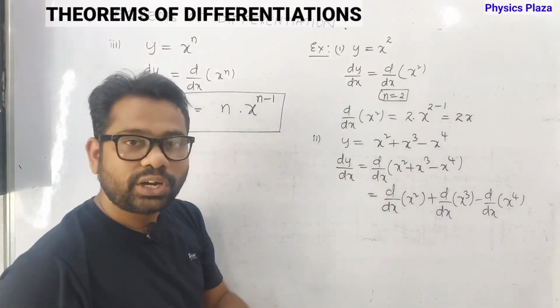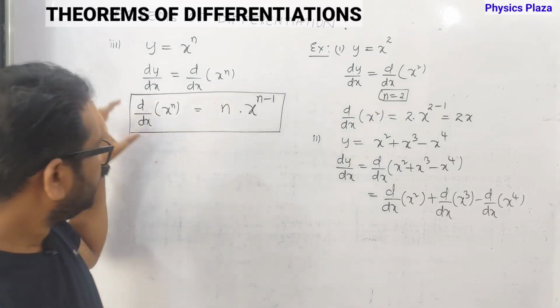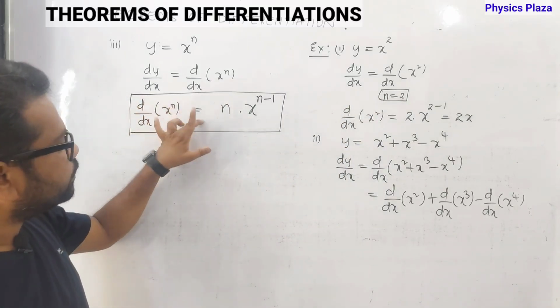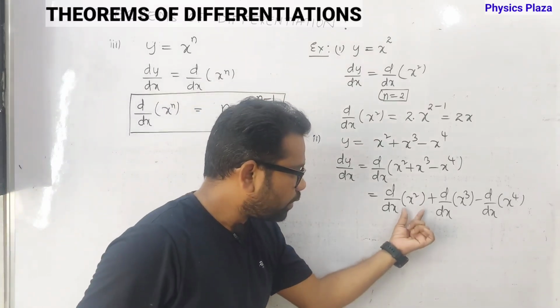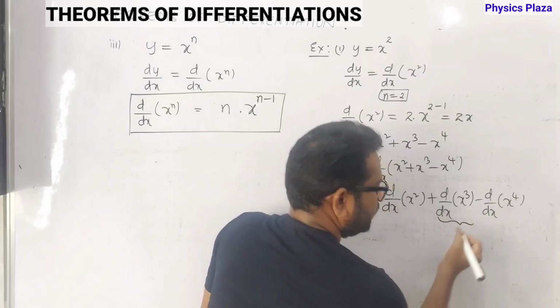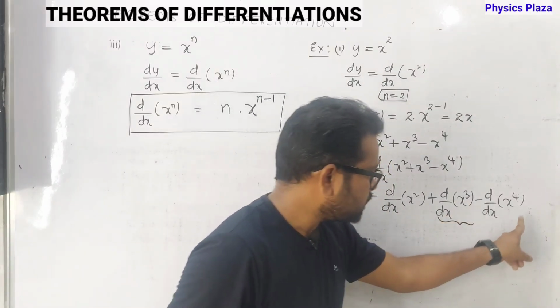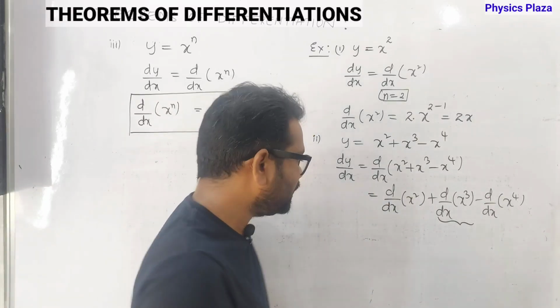Now what we have to do, children? Again, let us go back to the same formula. That is, d by dx of x power n is equal to n into x power n minus 1. So in the place of n, 2 is there. But in this function, in the place of n, 3 is there. Here in the place of n, 4 is there. Let us apply the same formula and we will get the result.